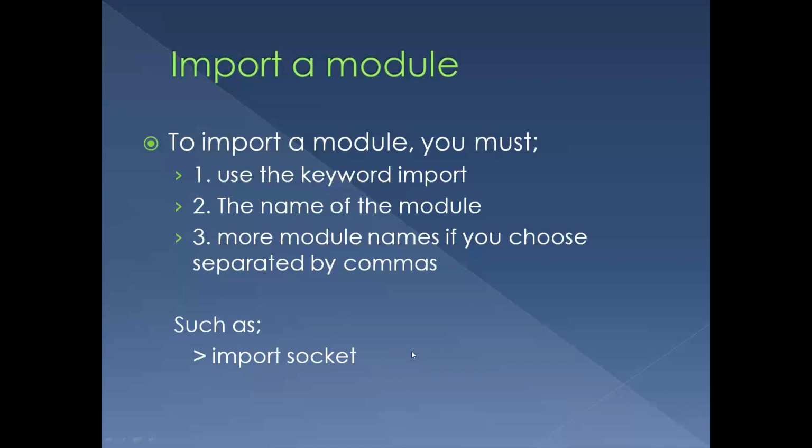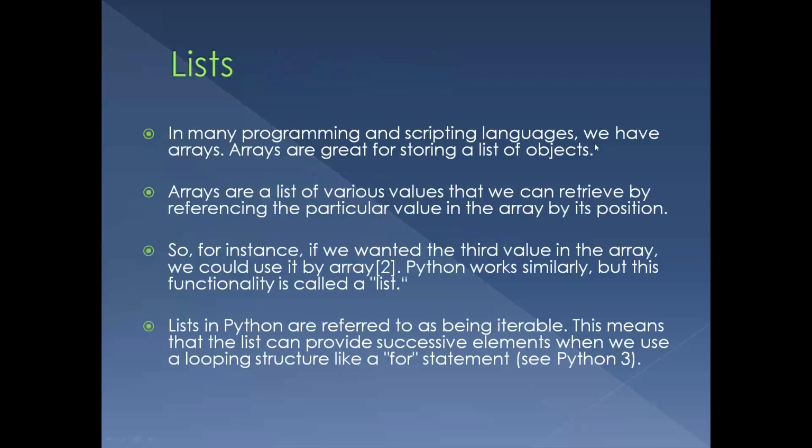Probably the most common one we will use in our code is import socket. A socket is basically a TCP connection to another system. That's what socket does for us.